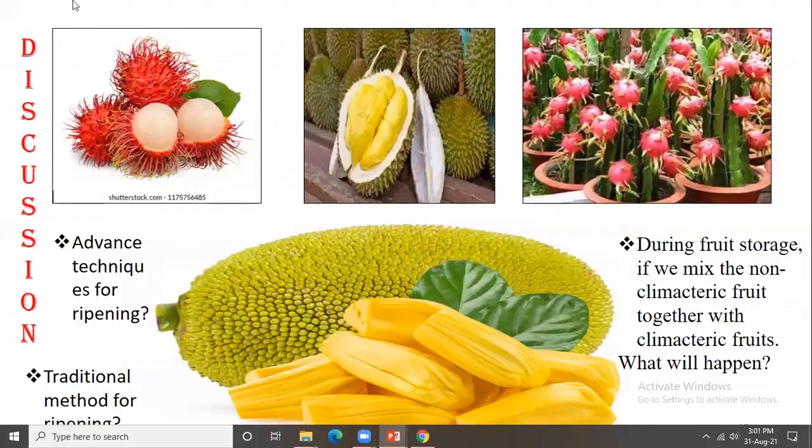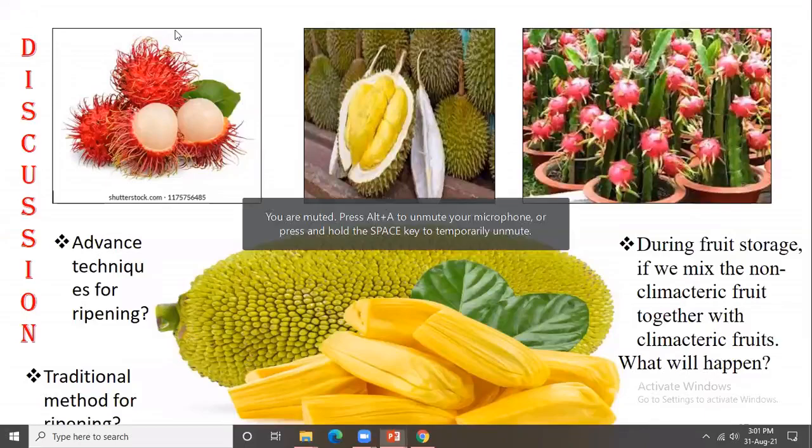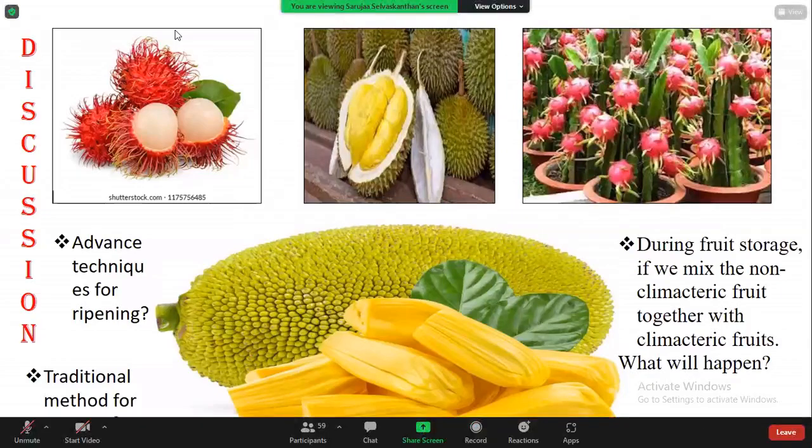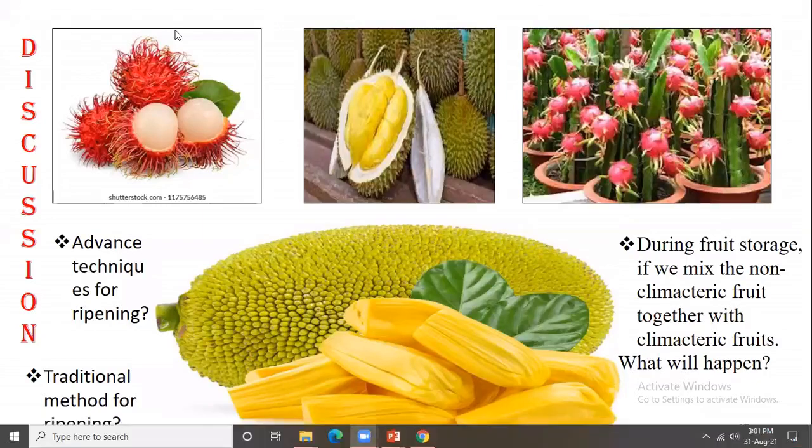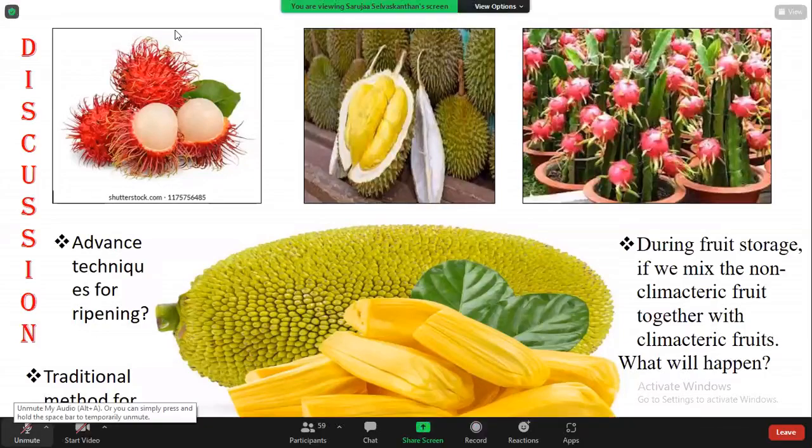You can see this picture. Can you identify which is a climatic fruit and which is a non-climatic fruit?